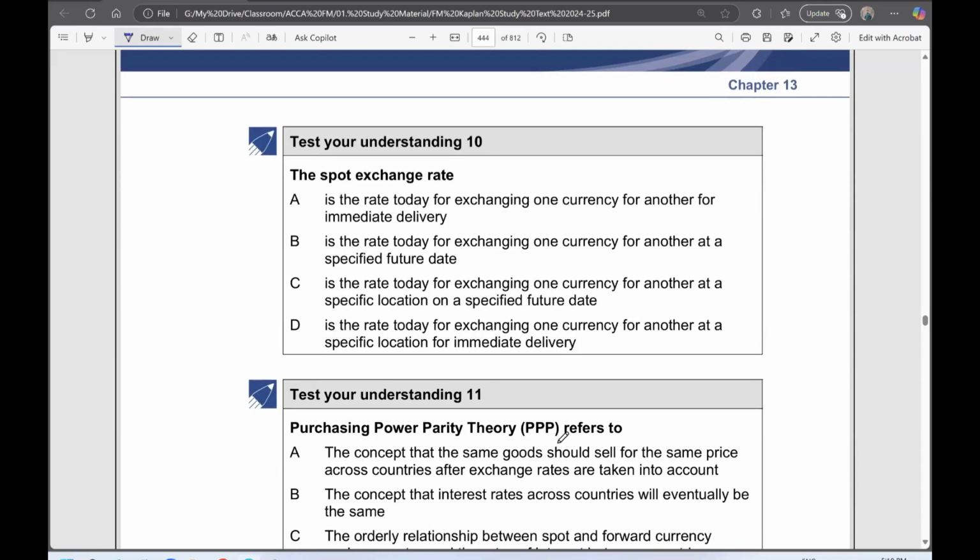Okay, and let's do these questions as we end the topic. What is the answer here? The spot rate. The rate today for exchanging one currency for another for immediate delivery. This is the definition of a spot rate, the 2-day exchange rate.